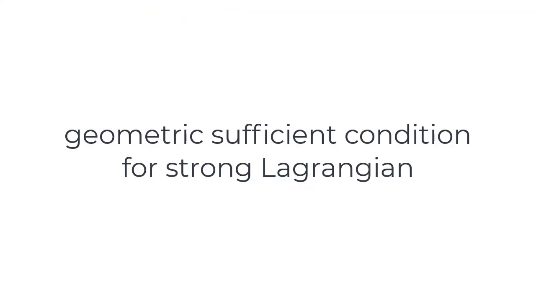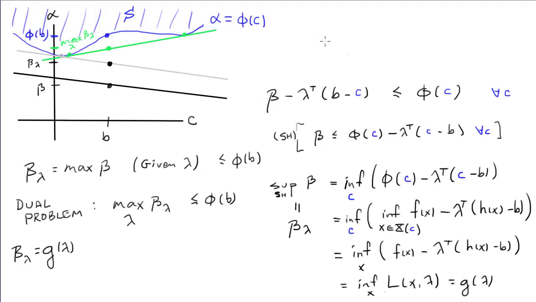We're finally in position to give a geometric condition for a strong Lagrangian. We're dealing with particular kinds of supporting hyperplanes, so we'll give them this name.